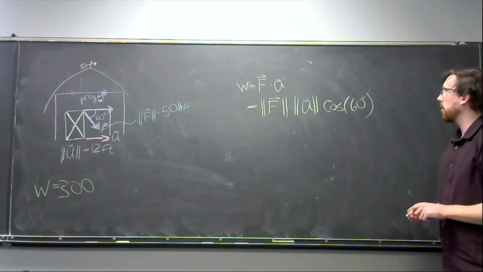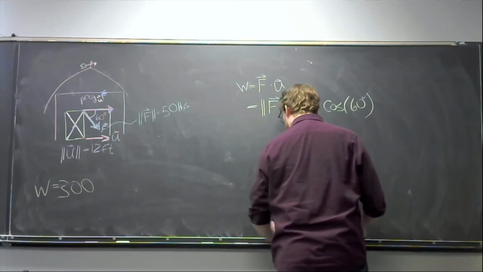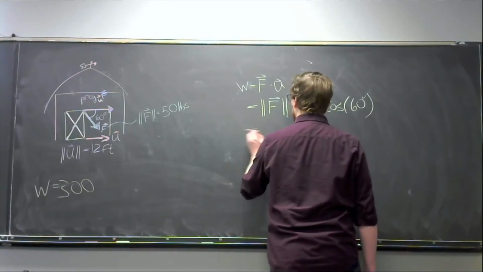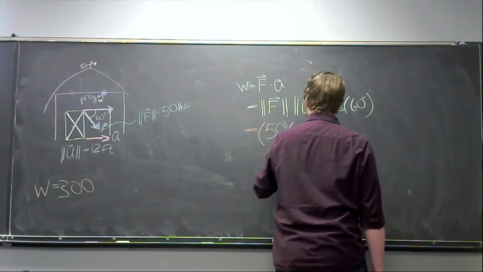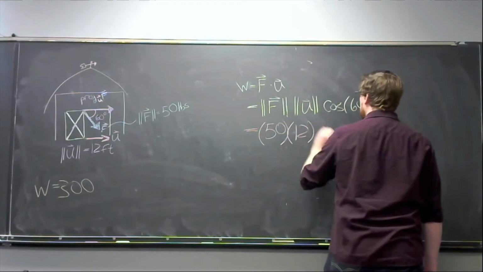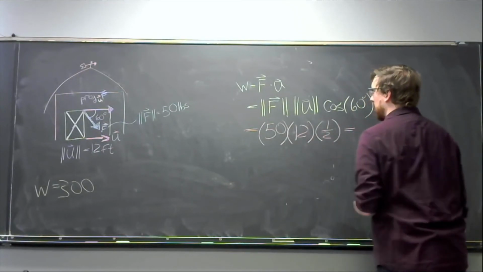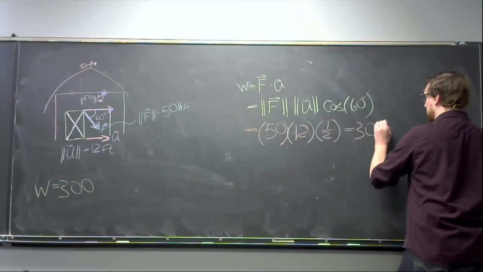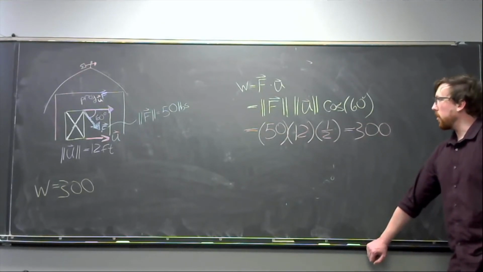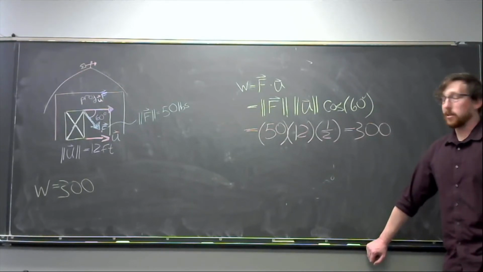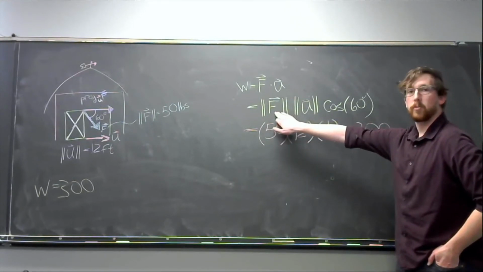So that means we're going to end up with 50 times 12 times 1/2, and it's still going to be 300. So the reason why this comes out to be foot-pounds, like I started to say, is if we look at what we've got, we're pulling with pounds.